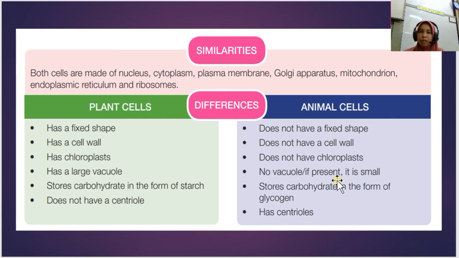So you can write it in a double bubble map. Go to the similarities first at the center, and then the differences at the left and right. Make sure you can differentiate between these two types of cell.